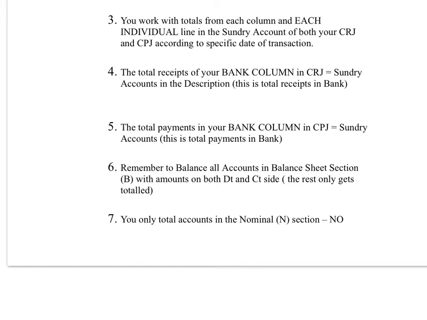So, in the CRJ, it is the total receipts that you're going to take to the bank column, and as it is an asset, and assets increase on the debit side, you will write there on the left hand side below the balance brought down on the first, you will have the 30th of the month with sundry account and the total of your bank.